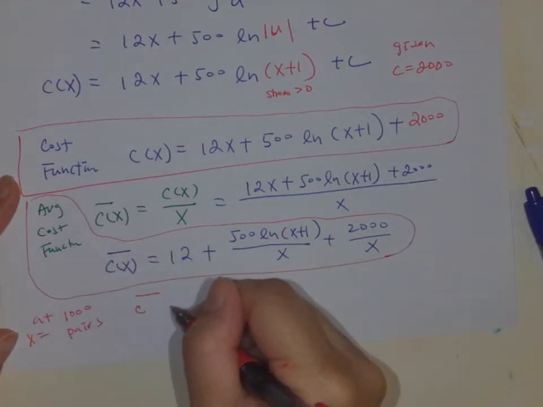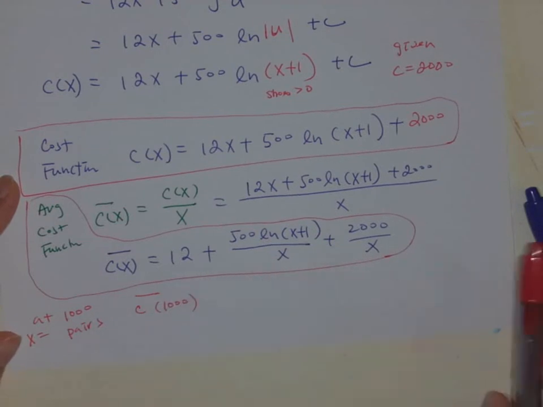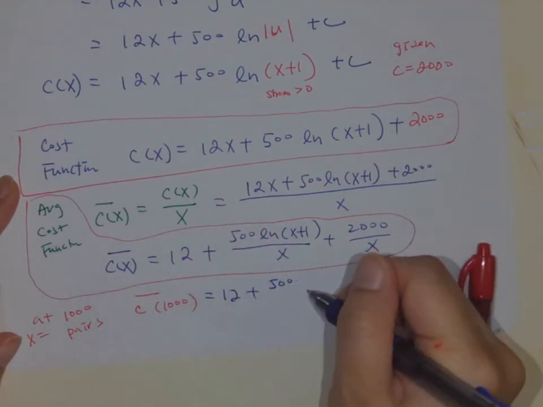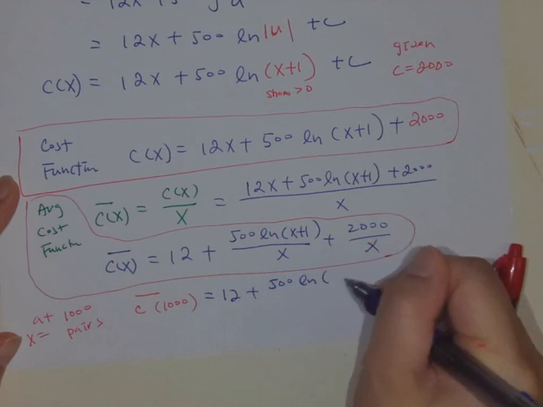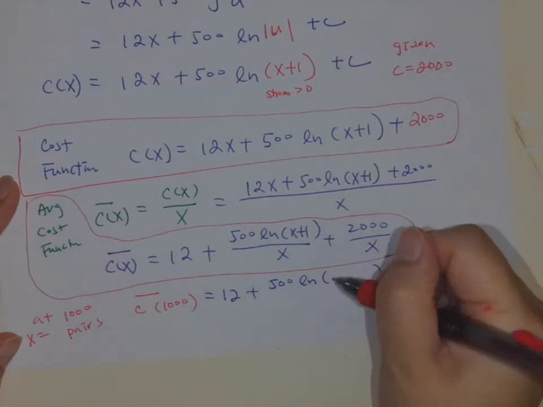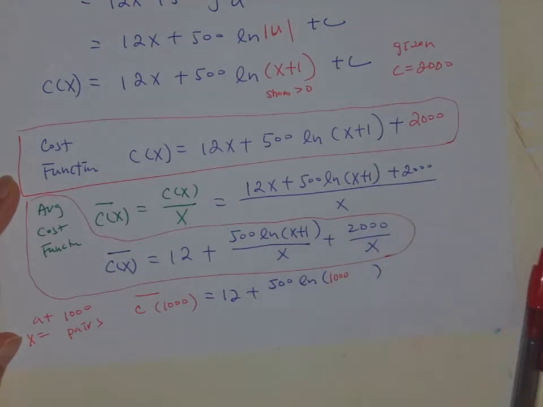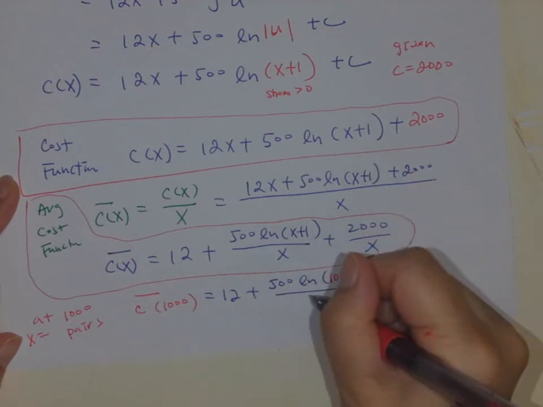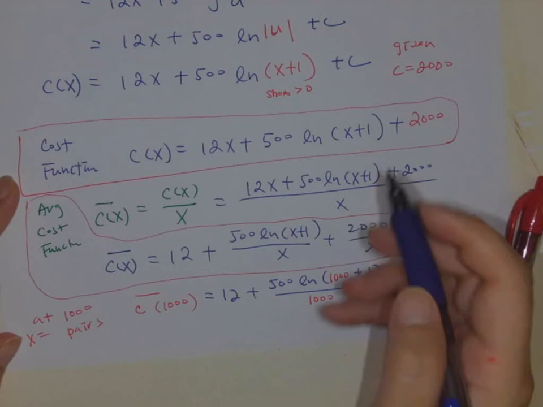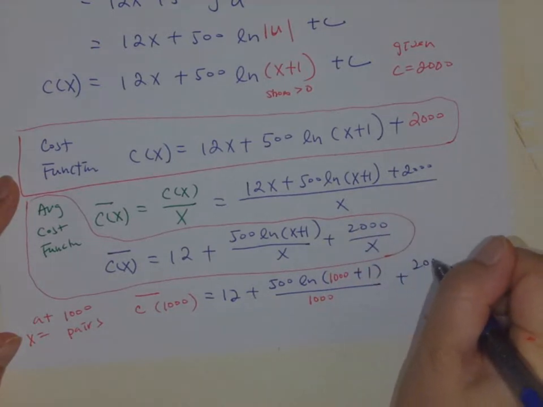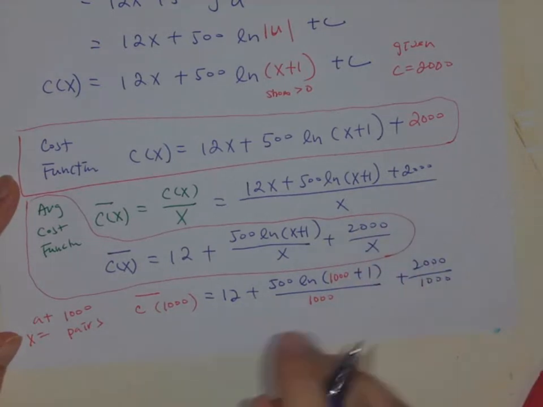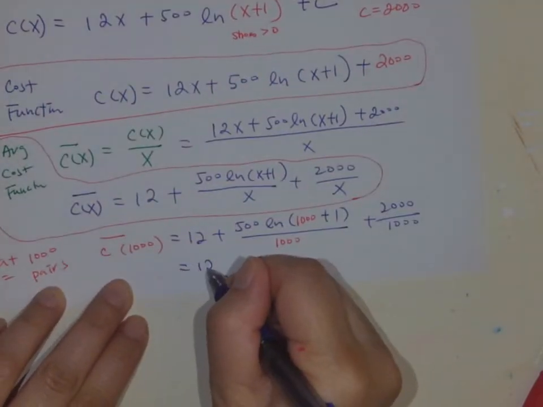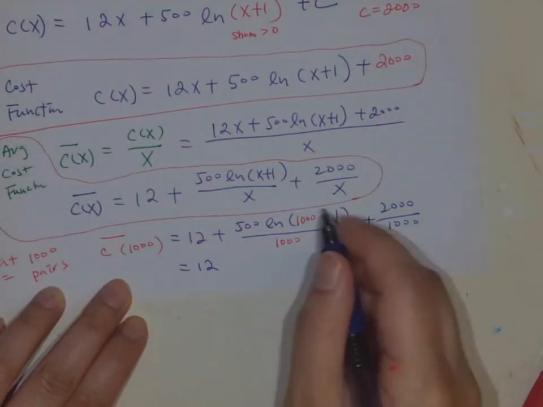So average cost at 1,000 is going to be 12 plus 500 ln of 1,000 plus 1 over 1,000, and then adding 2,000 divided by 1,000. That would give me 12, and you're going to need a calculator for these parts.